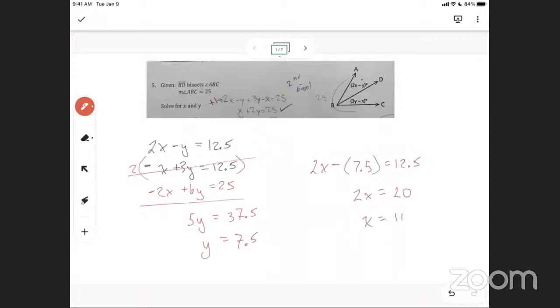So x equals 10. So there's my x and my y. And you can check to make sure it's right by plugging those into your second equation now. Negative 10, 3 times 7.5, that's 22.5 minus 10 is 12.5. Yep, that checks out. Good? Yeah.